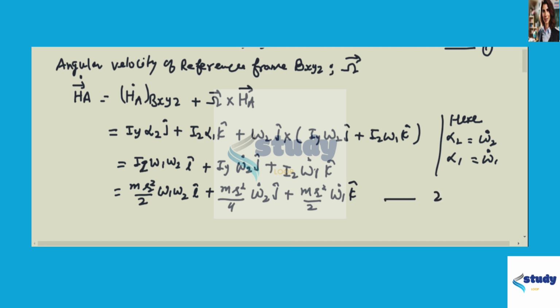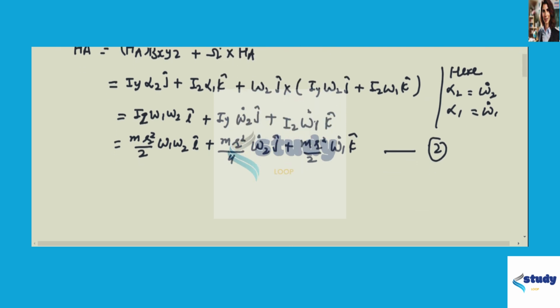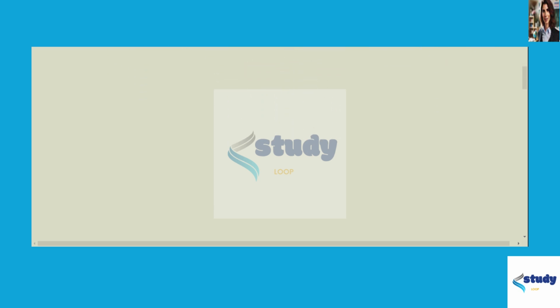Say equation number 2. Now drawing the free body diagram to calculate velocity and acceleration of center of mass A.